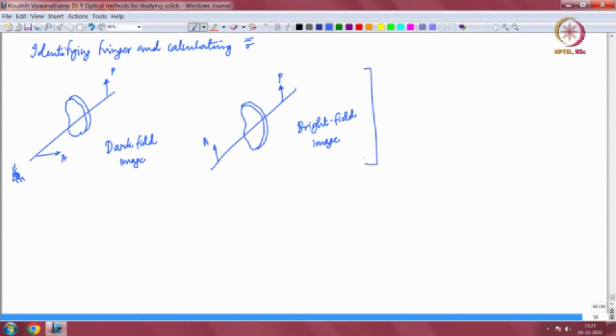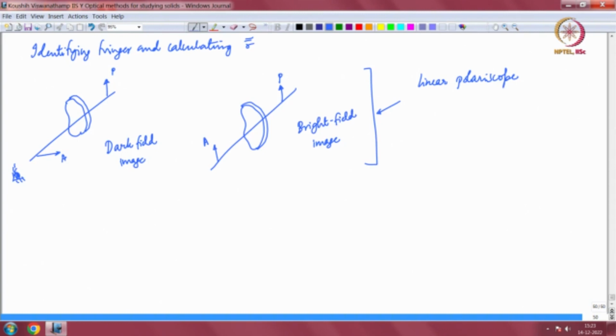The other piece of nomenclature is that this is usually called a linear polariscope, and linear because you have only a linearly polarized light coming through the object, and you are looking at the other end and seeing what is there either in a dark field or a bright field image.